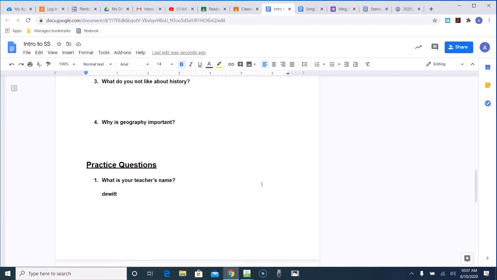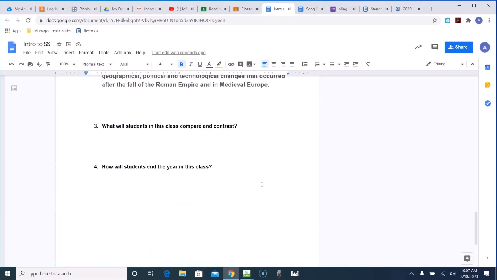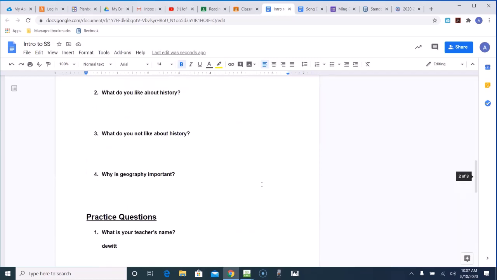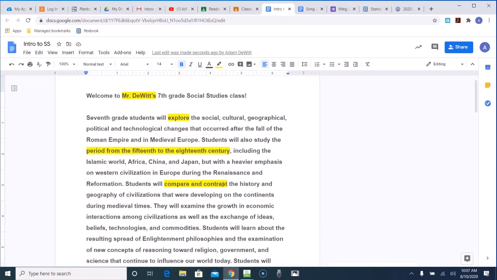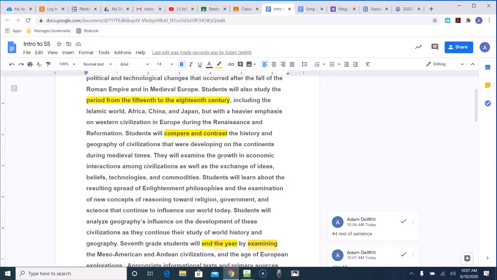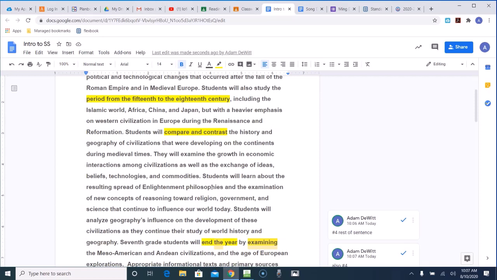Where did we get to? What will students in this class compare and contrast? Where do we have that one? Compare and contrast. There it is. So we know what they'll compare and contrast because it literally says it word for word. They will compare and contrast the history and geography of civilizations that were developing on the continents during medieval times.